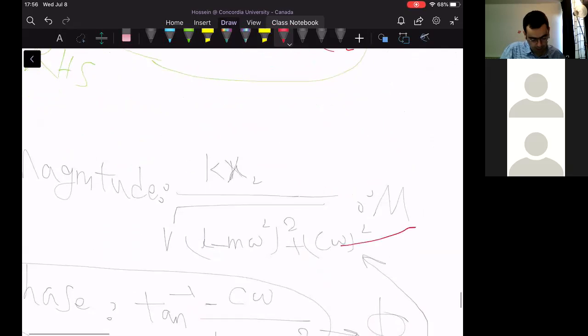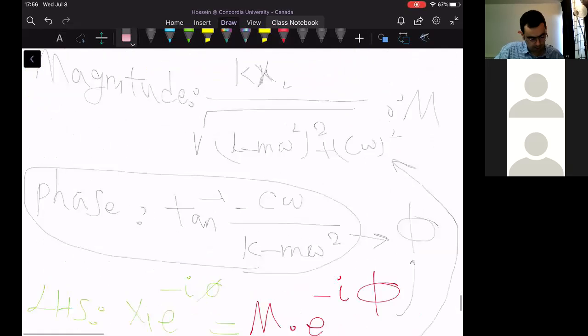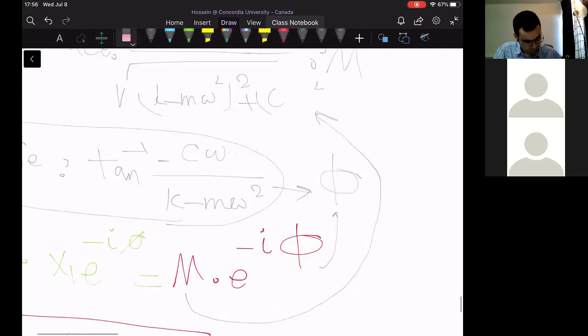The magnitude is k x2 over the square root of (k minus m omega squared) squared plus (c omega) squared. This is the magnitude of the right-hand side, and the phase of the right-hand side is the phase of the numerator minus the phase of the denominator. The phase of the numerator is 0, and the phase of the denominator is the inverse tangent of minus c omega over (k minus m omega squared), right?